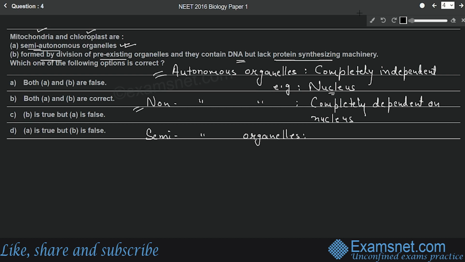How? They contain their own genetic material. So due to this, they are able to reproduce independently of the nucleus.